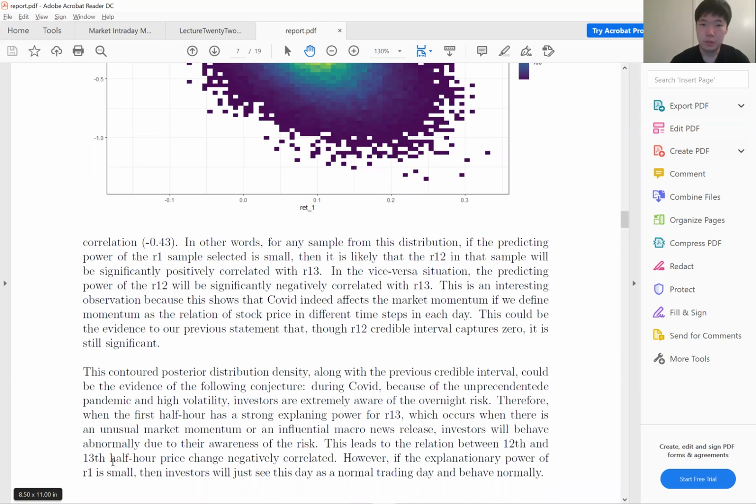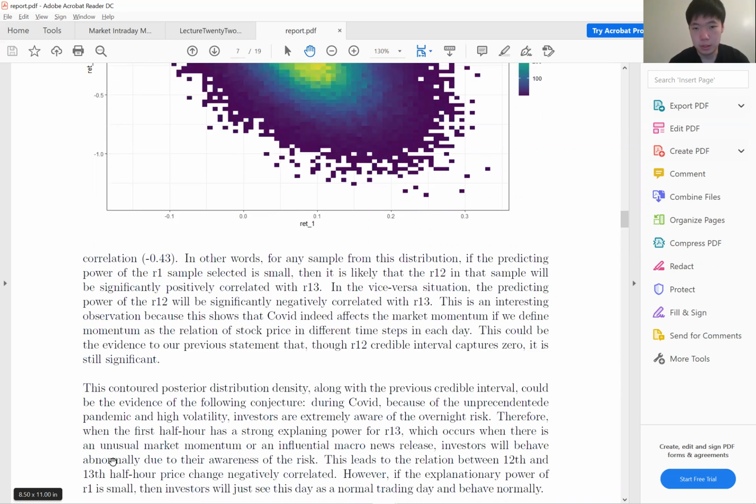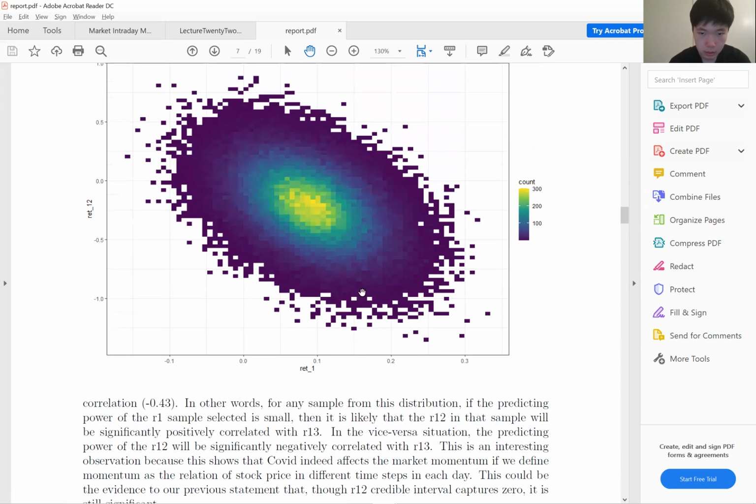So when the first half hour has a strong explanation power for R13, so about this area, that means some news released in the first half hour affects the market very much, like an unemployment claims report or a COVID-19 death report. If this is the case, then investors will behave abnormally because of the risks conveyed by this information, and that leads to R12 being negatively correlated with R13.